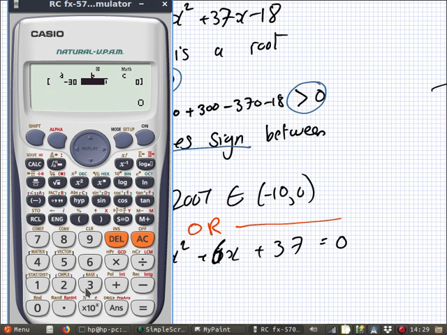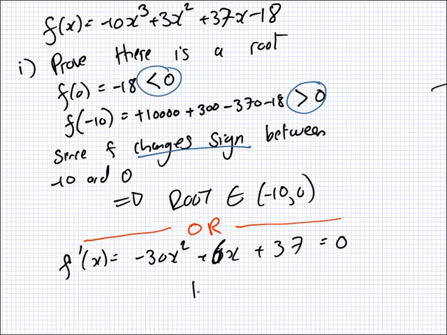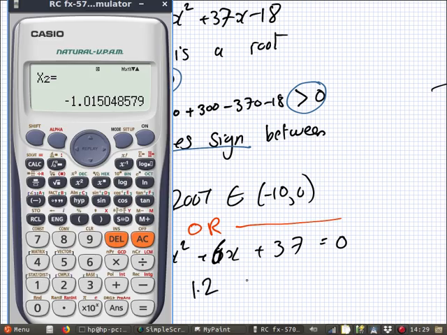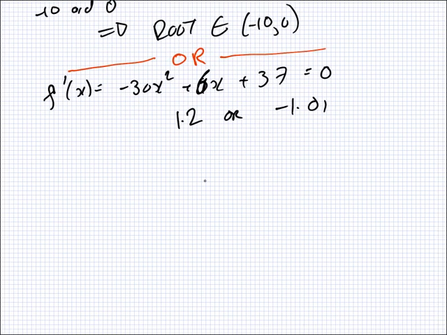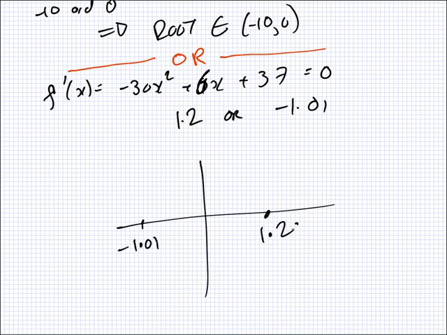I know, x is 1.2 or minus 1.01. Okay. So, very quick sketch. There's 1.2. There's minus 1.01.